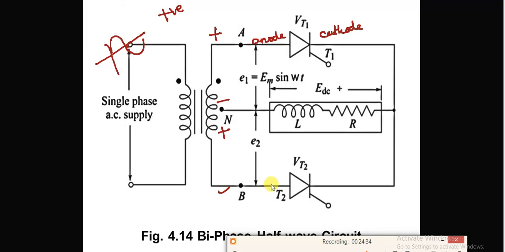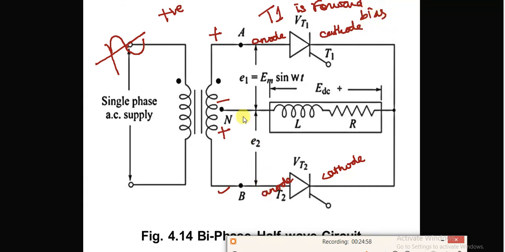Same here, this is the anode and this is the cathode. So this anode is positive with respect to this cathode. So this SCR T1 is forward biased.